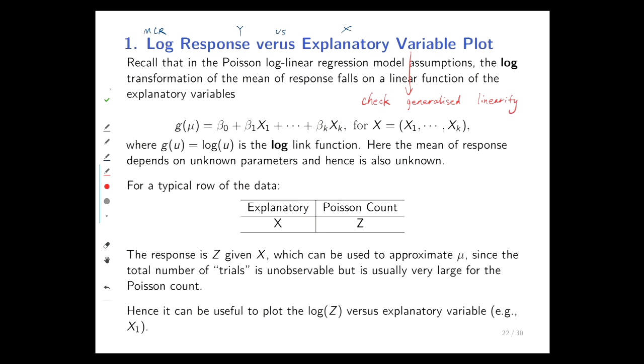So what's the generalized linearity? The assumption is that the logarithm of the mean of response falls on a straight line function of the explanatory variable. In order to check this, we need something to approximate the mean of response, because mu is unknown in this assumption.